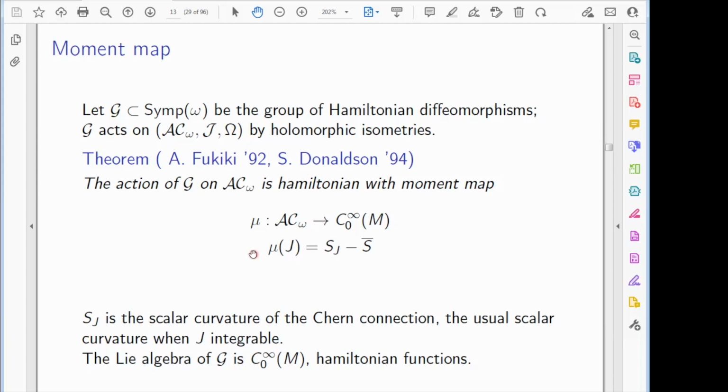So maybe I can say something about that. This result of Fujiki and Donaldson doesn't require J to be integrable, but you use the scalar curvature of a Chern connection.